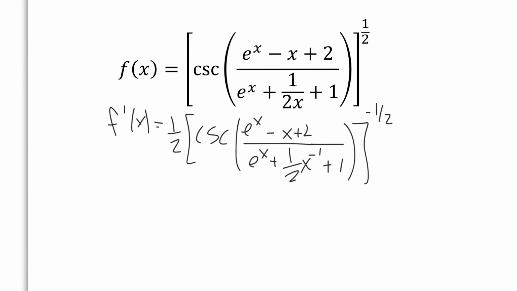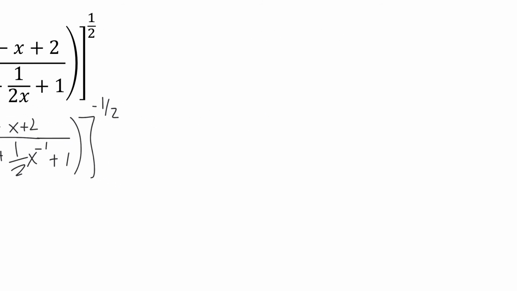Let's go ahead and move the screen on over and do the derivative of cosecant, which we know is negative cosecant cotan. All the rest is going to be rewritten though.